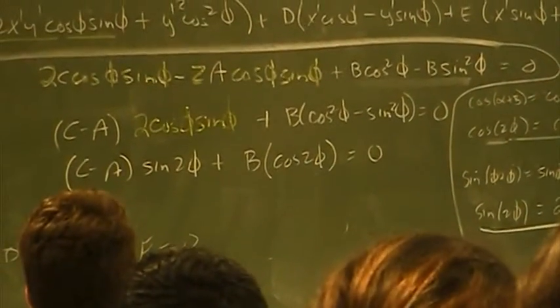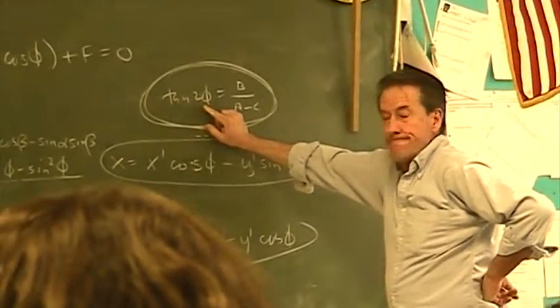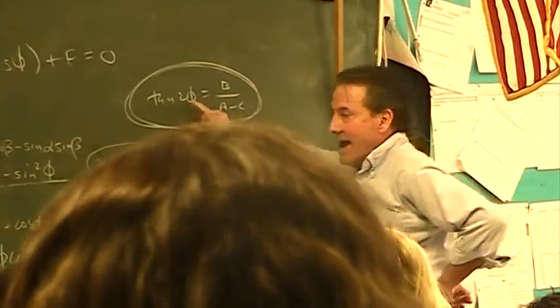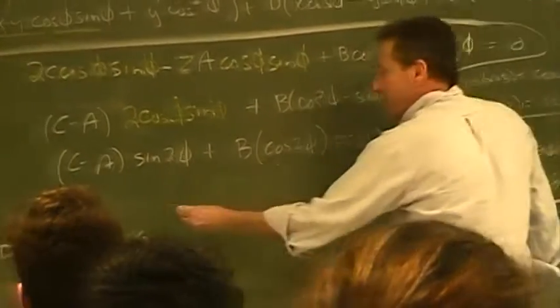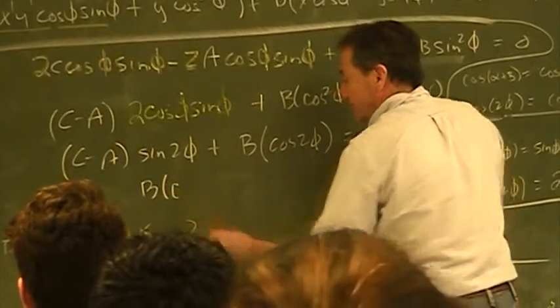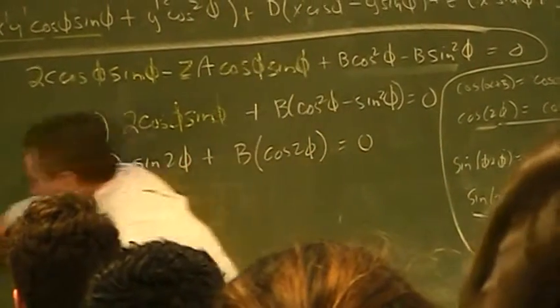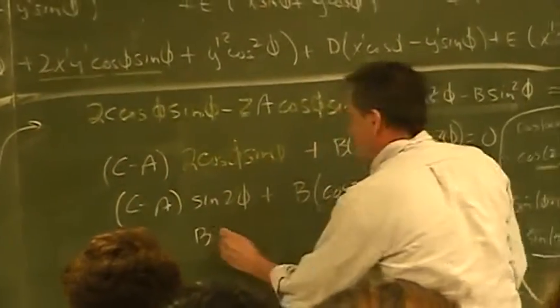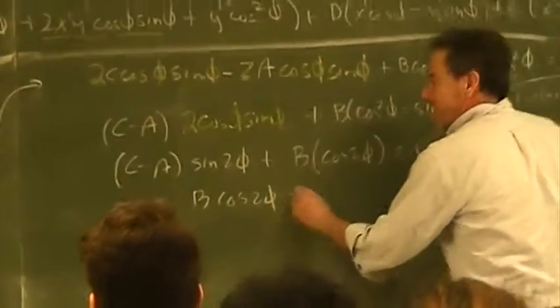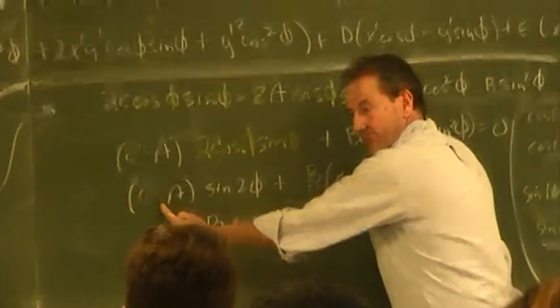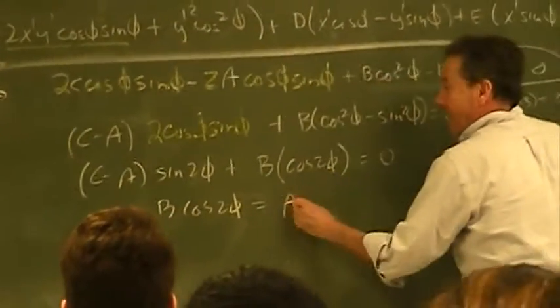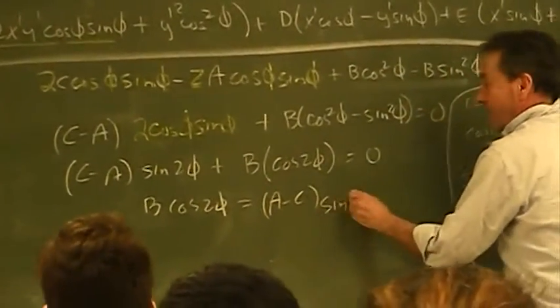Okay, now you're looking for this. Oh, you subtract. Subtract this one to the other side. B times cosine 2 phi equals, what's the opposite of this? A minus C times sine 2 phi.